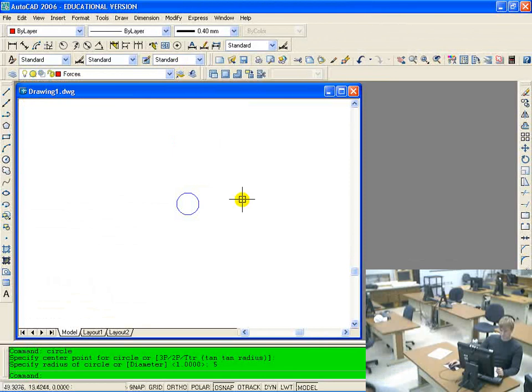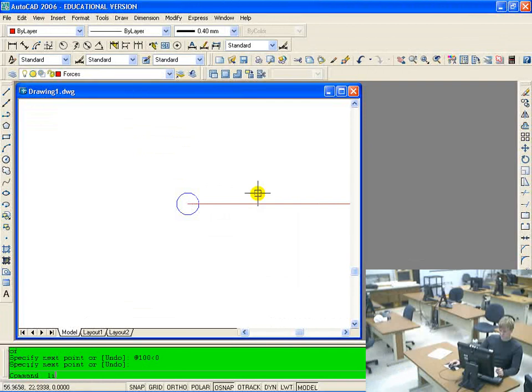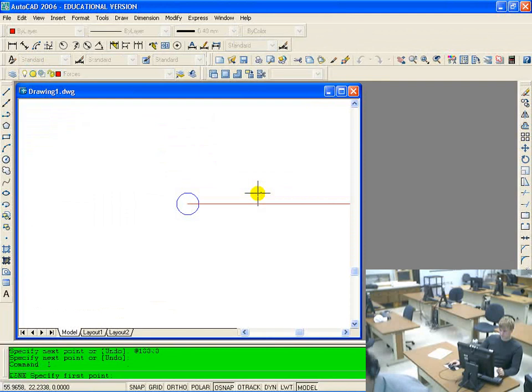So I'm going to draw a line from the center right here at 100 at an angle of 0. I'm going to draw a line from the center of the circle at 85 at an angle of 60 degrees.